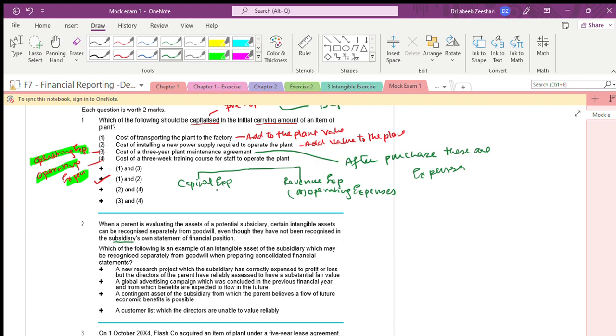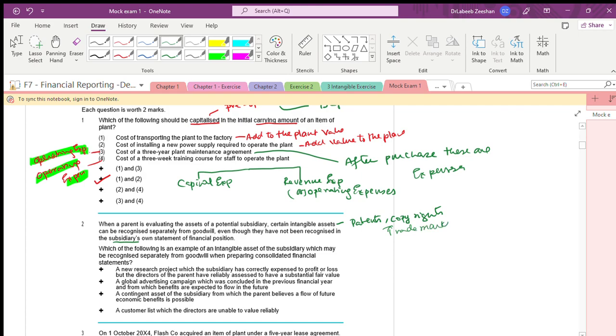Means some intangible assets are not part of goodwill, maybe patents, copyrights and trademarks.